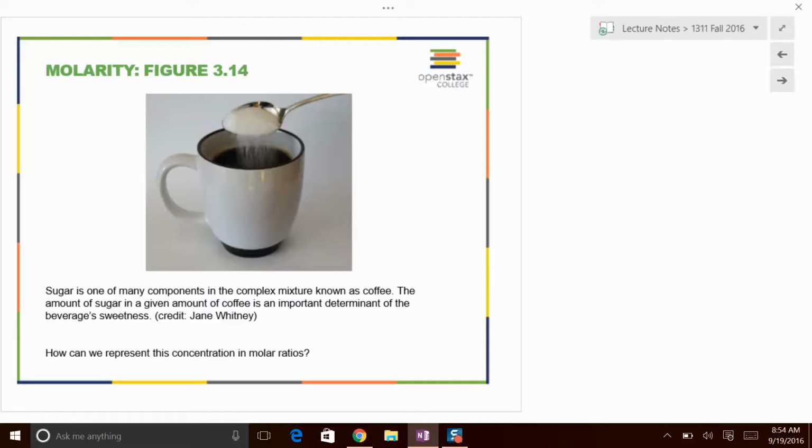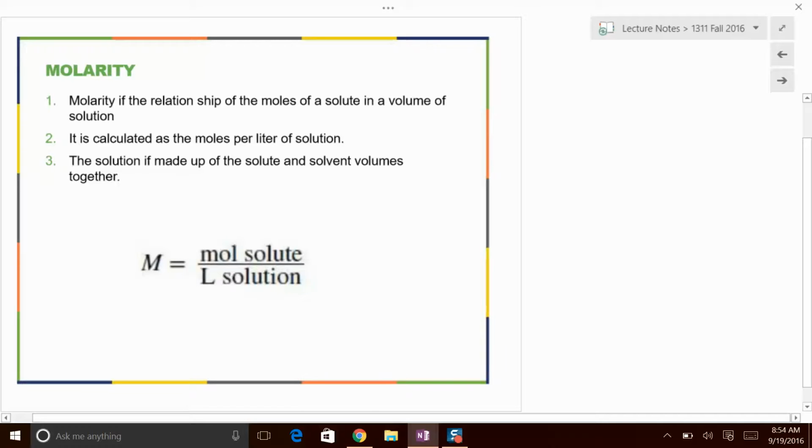So we're going to look at this in ratios of concentration in molar ratios. And to do that, we use this equation for molarity.